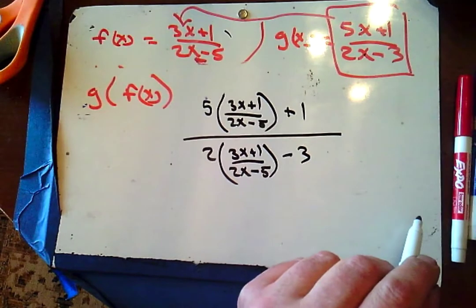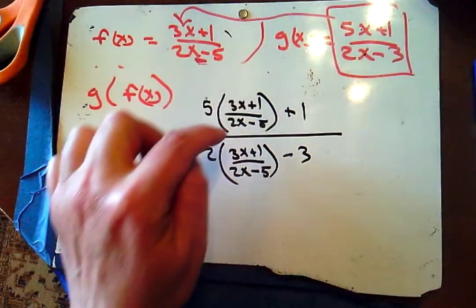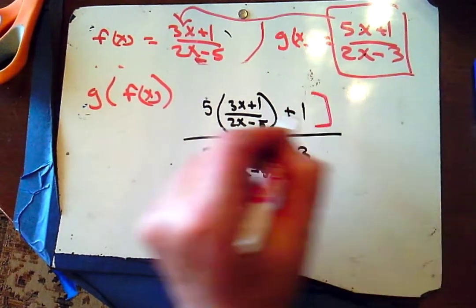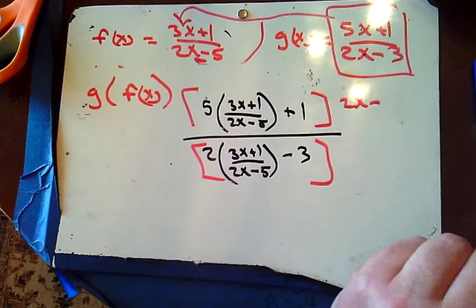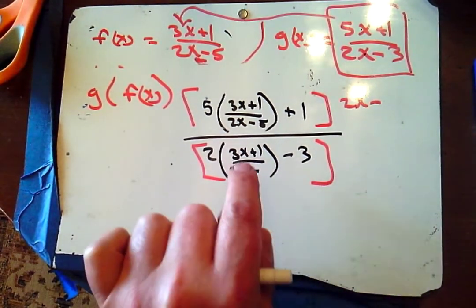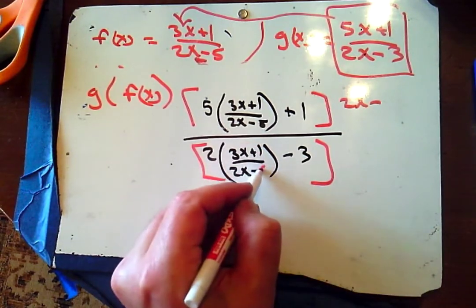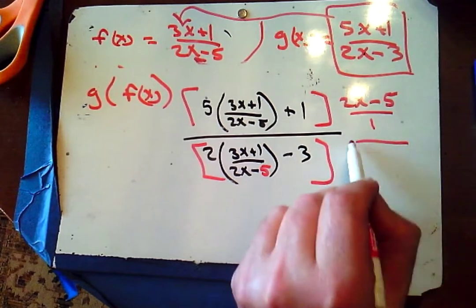Okay, so we did the composition, and this is where I was saying, hey, I notice these both have the same denominator, so why don't I multiply on top and bottom by 2x minus 5. I'm going to multiply by 2x minus 5 on top and bottom.